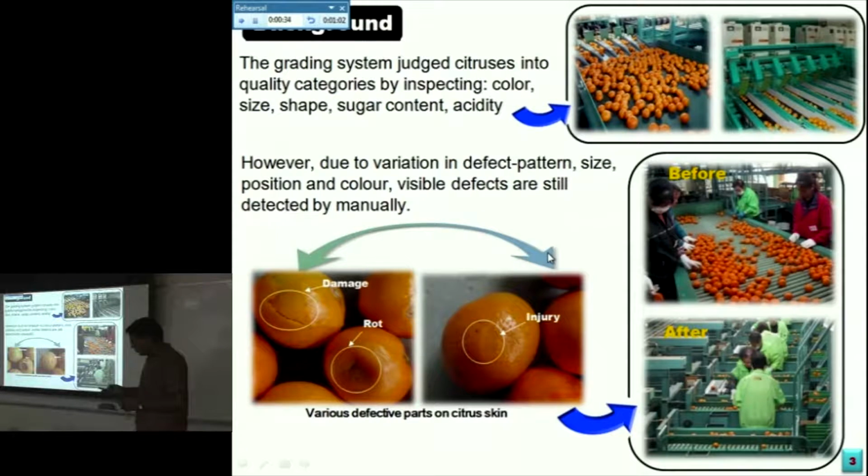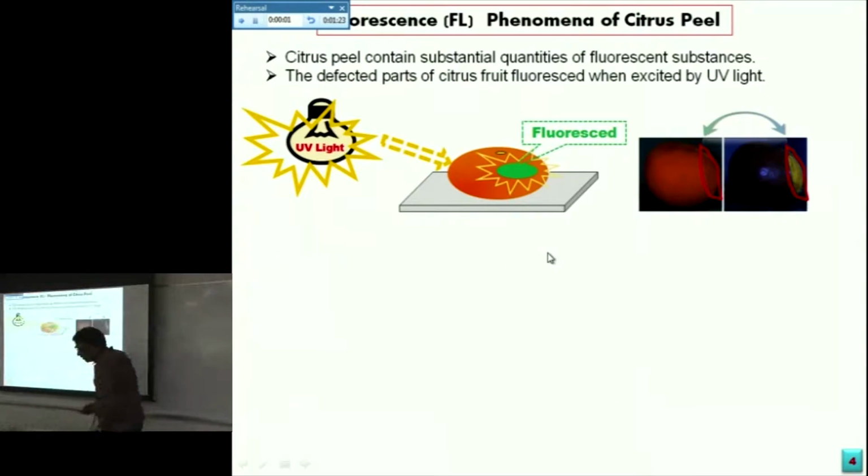This is because of variation in defect pattern, size, position, and color. So attention should be paid to developing automatic detection of defective citrus in order to reduce the labor of grading, ensure the reputation of farmers' brands, and supply quality citrus to the market. Hence, we will follow the fluorescence system.